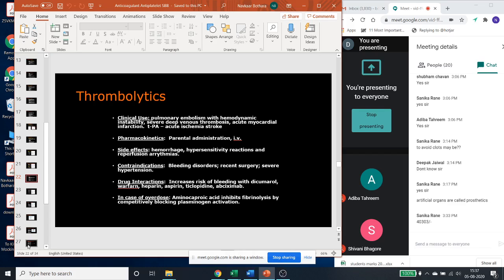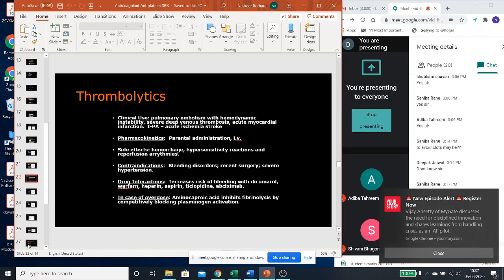For reperfusion, the obstruction is very important to be removed urgently. So in that case this agent is used. Also in acute ischemic stroke, I told you alteplase is preferred. They have to be given parenterally, intravenously, because these are enzyme-like structures.